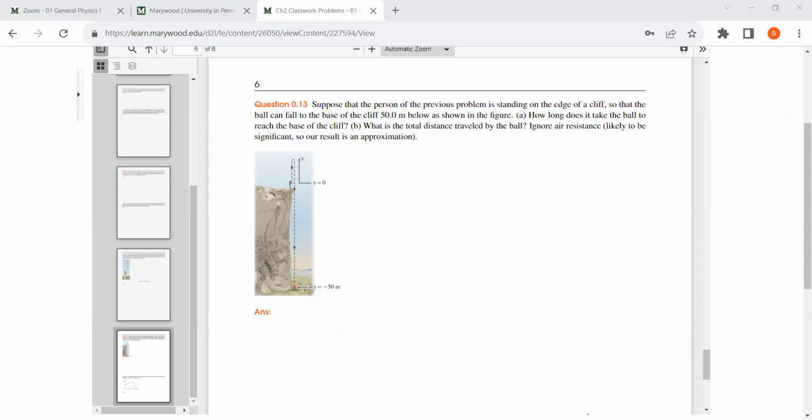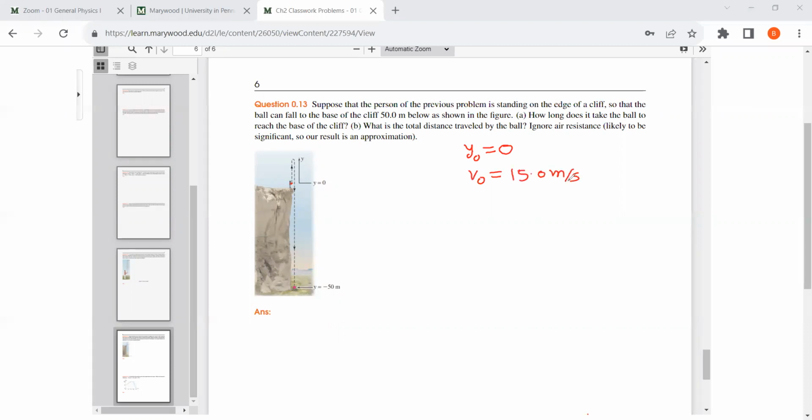Now what we are given here: when she throws this up, we can think that that position is equal to 0. As it is the continuation of the last problem, we can also think that v0 equal to 15 meter per second, the initial velocity.